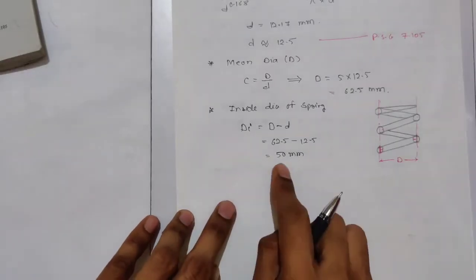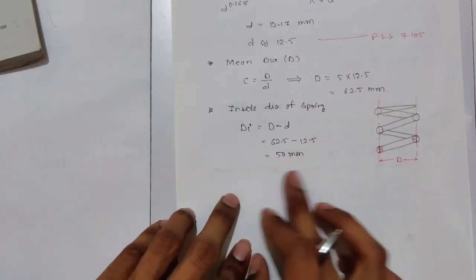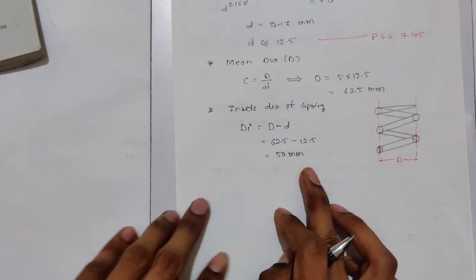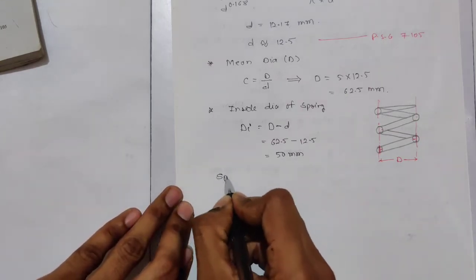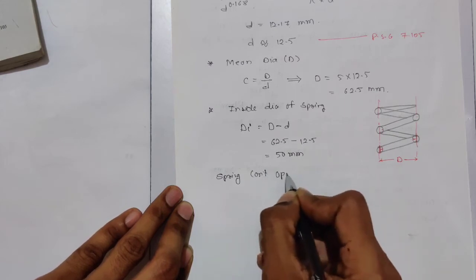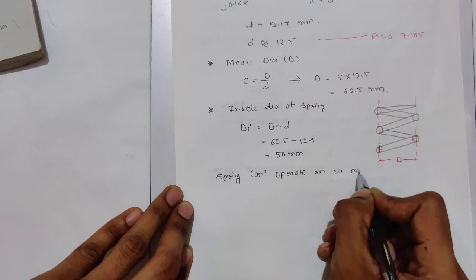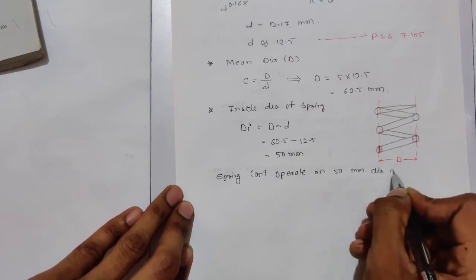So inside diameter is 50 mm and the spring has to operate on the 50 mm rod. So now the spring can't operate on a 50 mm dia rod.